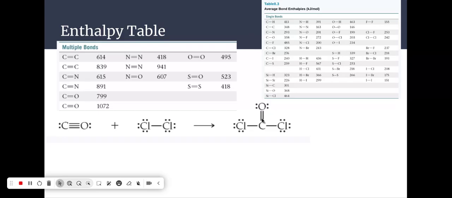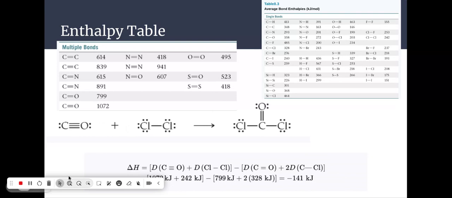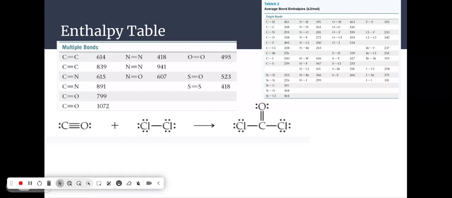If you want to, pause the video and do that really quick, and see what you think it will be. Remember, bonds broken minus the bonds formed over here. You add up these values, so just pause and then unpause for the answer.